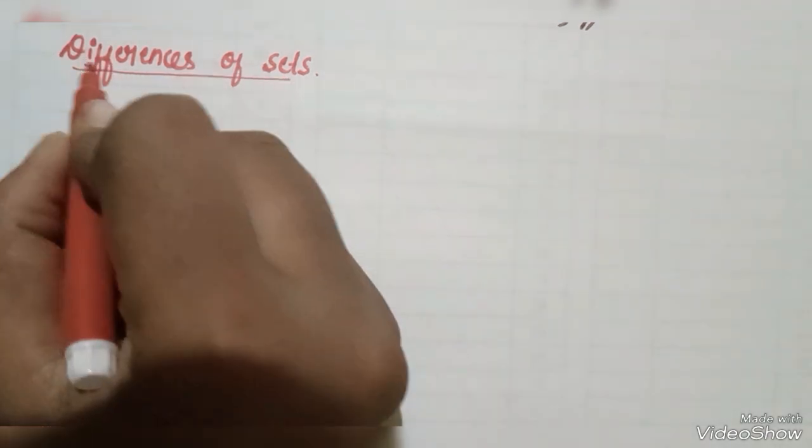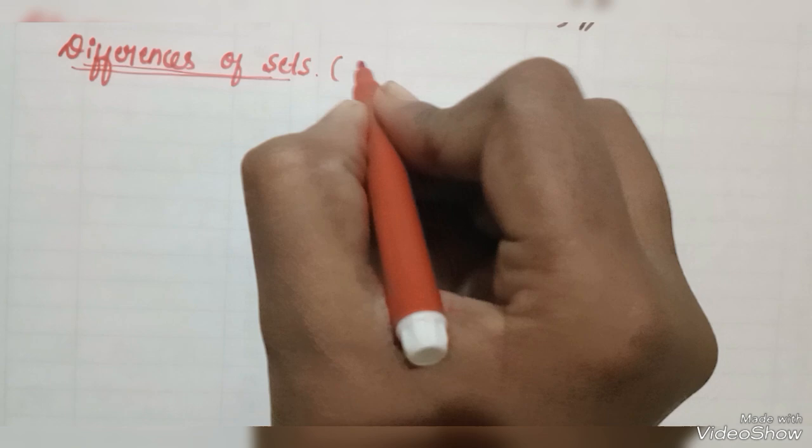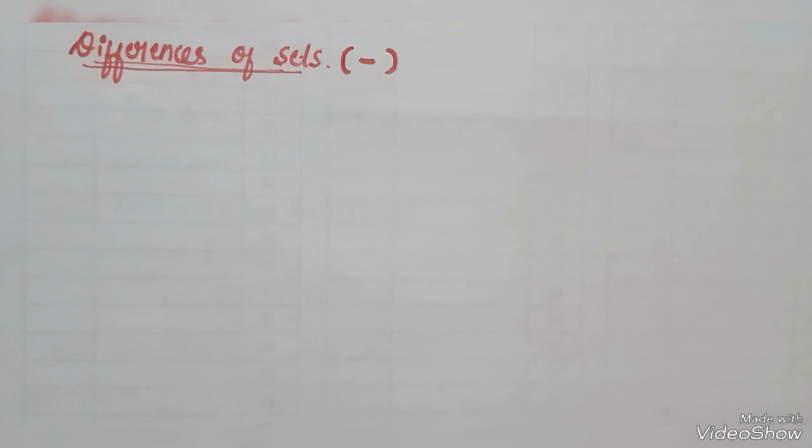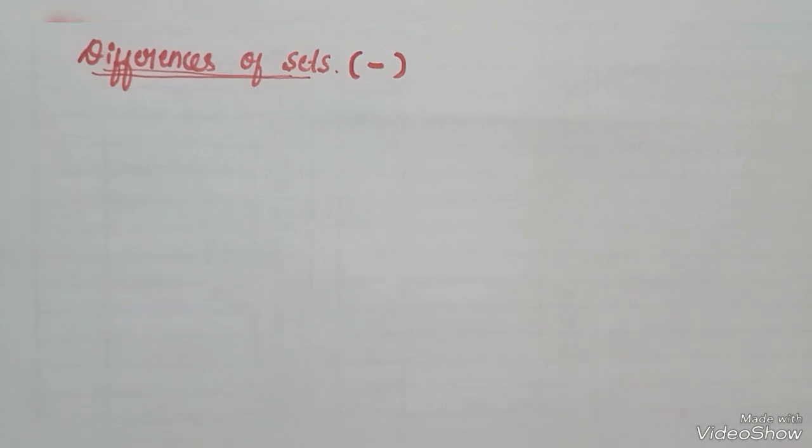Usually difference means subtraction. Here difference means subtraction. How do we take the difference between two sets? Usually difference means minus. In numbers, 4 minus 2 we say 2. In numbers we can easily calculate, but in sets we have to take the difference.